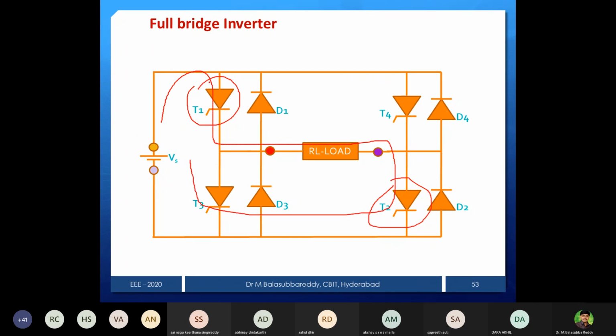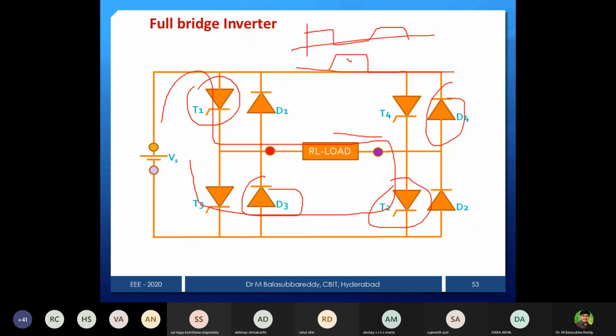So now it is using the devices T1 and T2, only for the positive half cycle. Then for the negative half cycle, whatever energy is stored goes into the off duration. Here I call it the on duration and off duration. This is for T1 and T2. This is for T3 and T4.